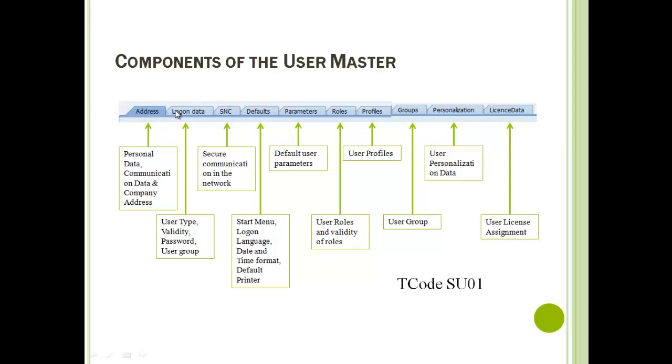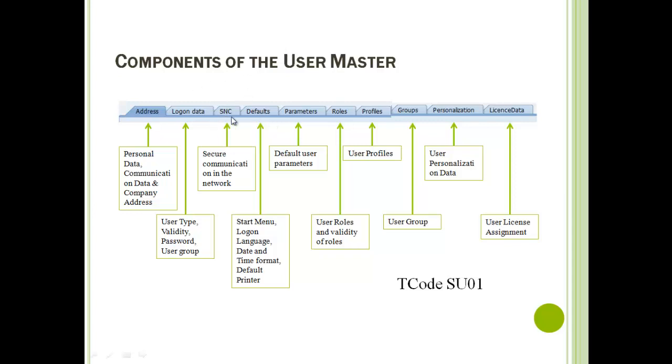Next one is logon data. This logon data will have user type, validity, password and user groups and some more information like cost center, account number and stuff like this. And next one is SNC. This is secure communication in the network.